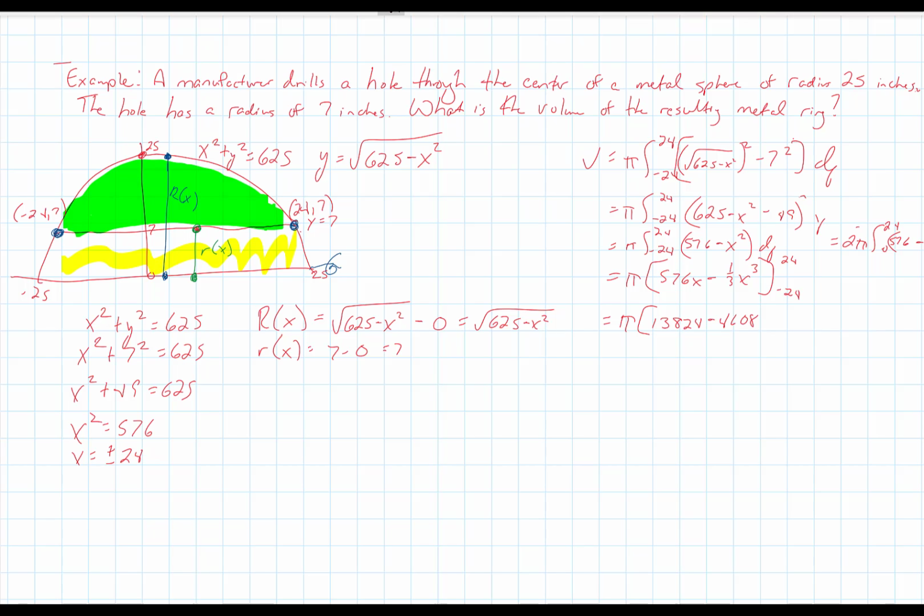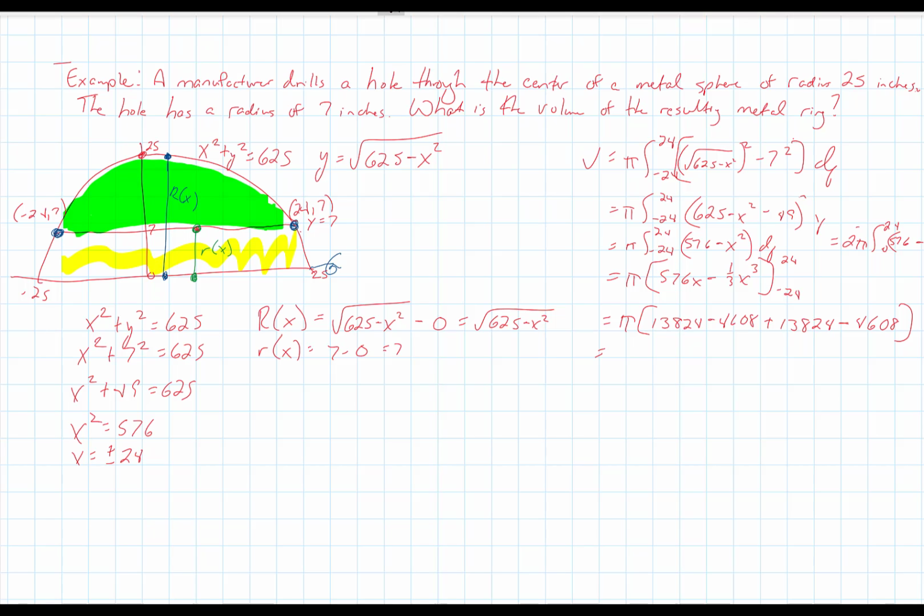And then when I do the negative, so minus a negative becomes plus 13,824 again. And then minus a negative, but then with a negative in that, ends up being minus again 4,608.